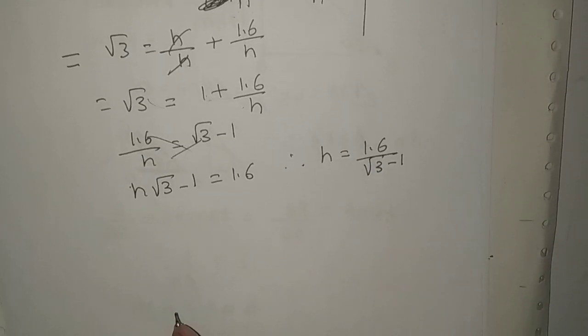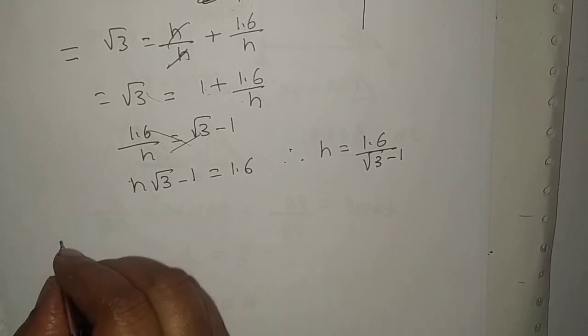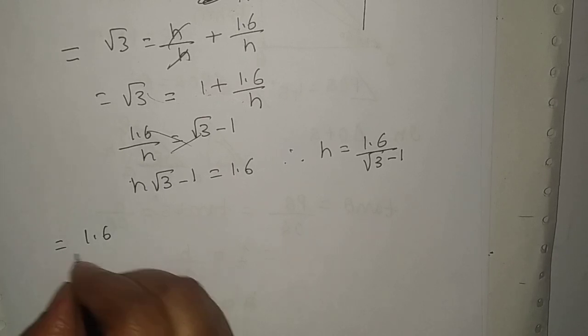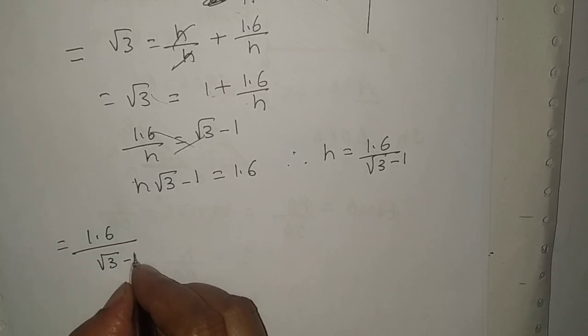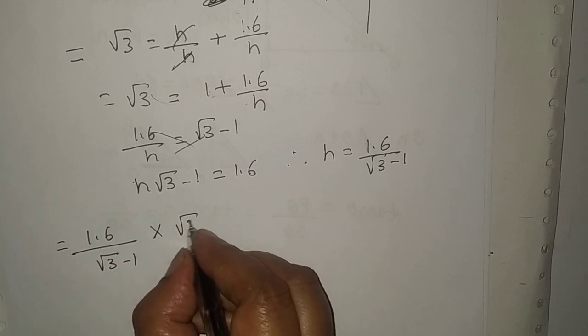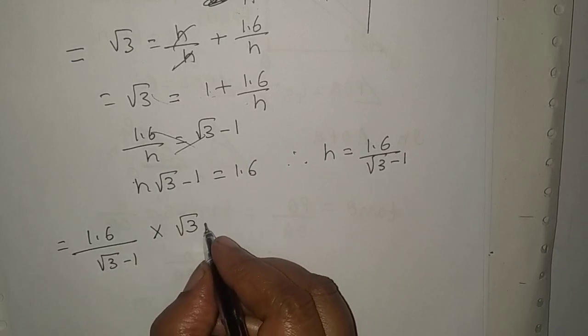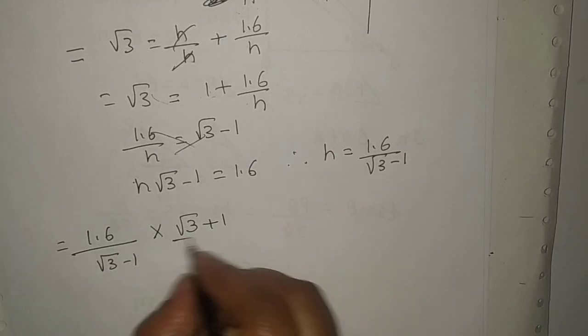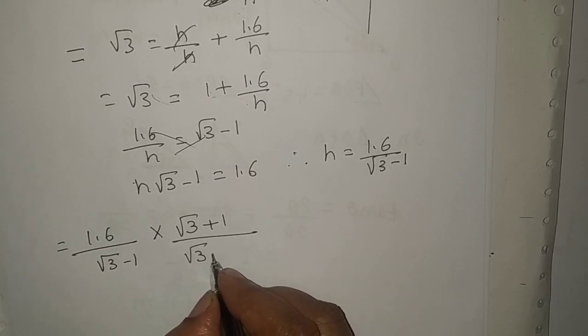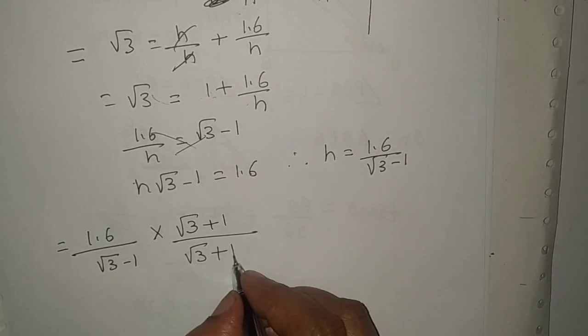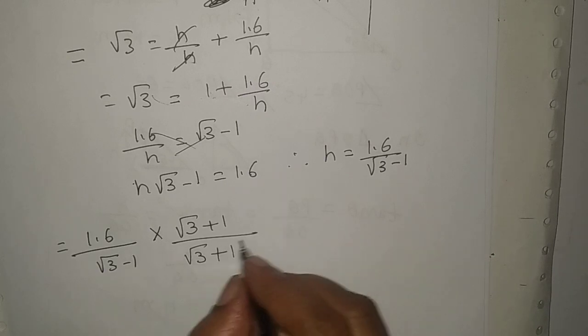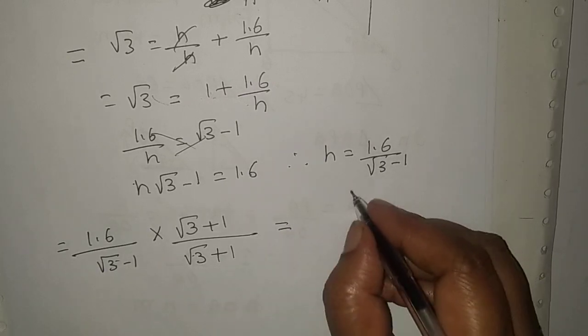Now rationalizing this one, we have 1.6 by root 3 minus 1. Since it is rationalization, we put root 3 plus 1, and change the sign. Now simplify this.